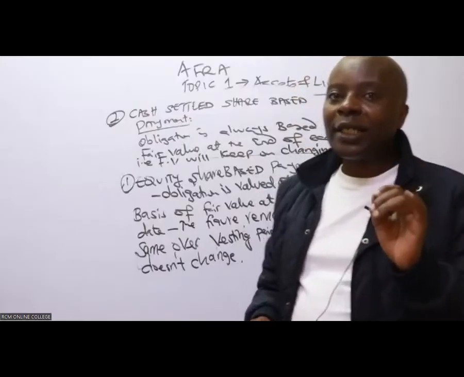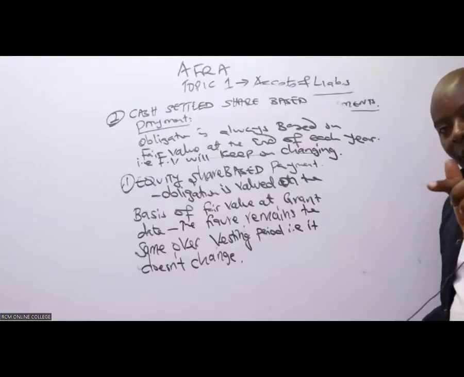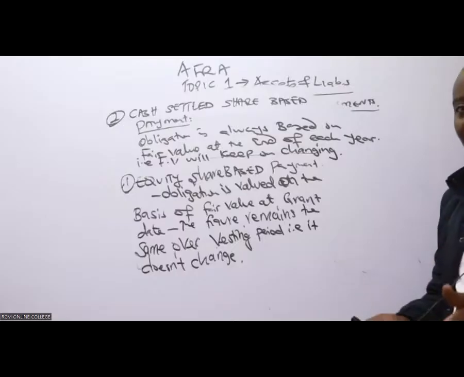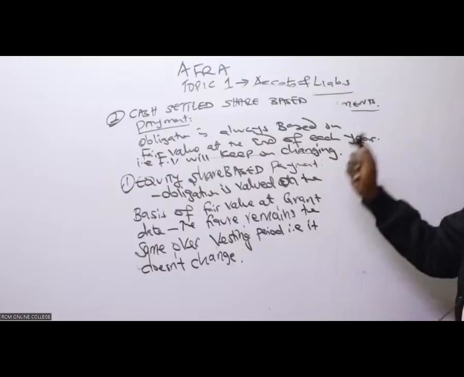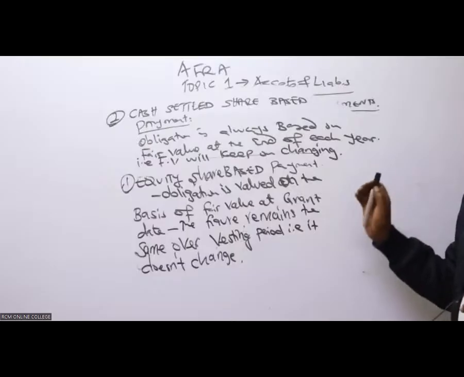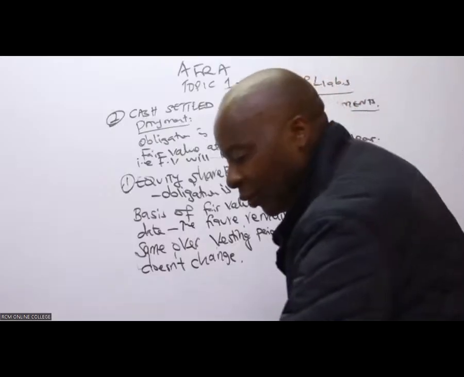But if it's cash settled, because of the appreciation concept, shares appreciating at the end of each year, we expect these guys to push them. We expect to push them so that the share price at the end of each year should be increasing. Then to motivate them, for purposes of valuing our obligation towards them, we shall be using the fair value of those shares at the end of each year. And of course, we expect that fair value to keep on changing.